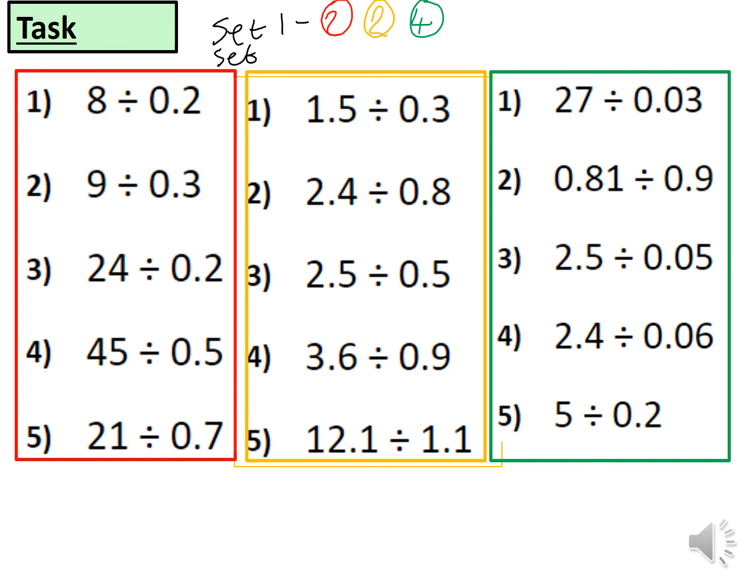Sets 4, 5 and 6, can you do 4 from red, 4 from amber, and 1 from green? Once you have finished, please take a picture of your solutions and upload them onto ClassCharts.